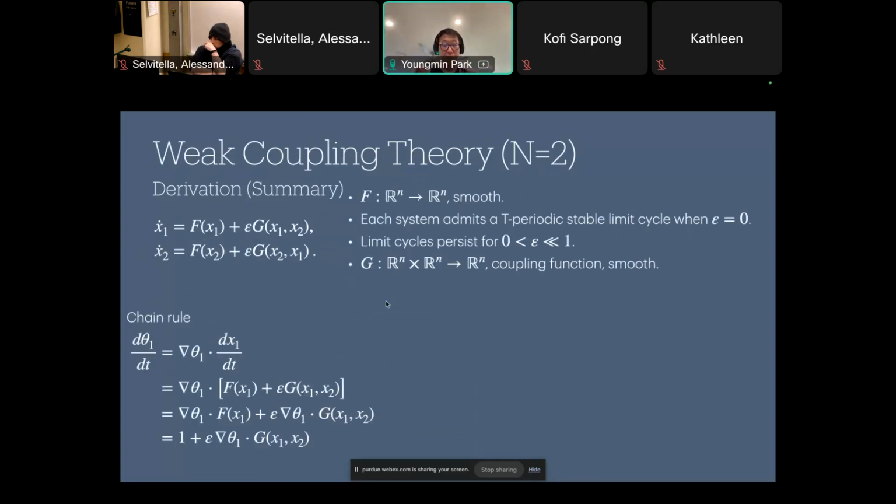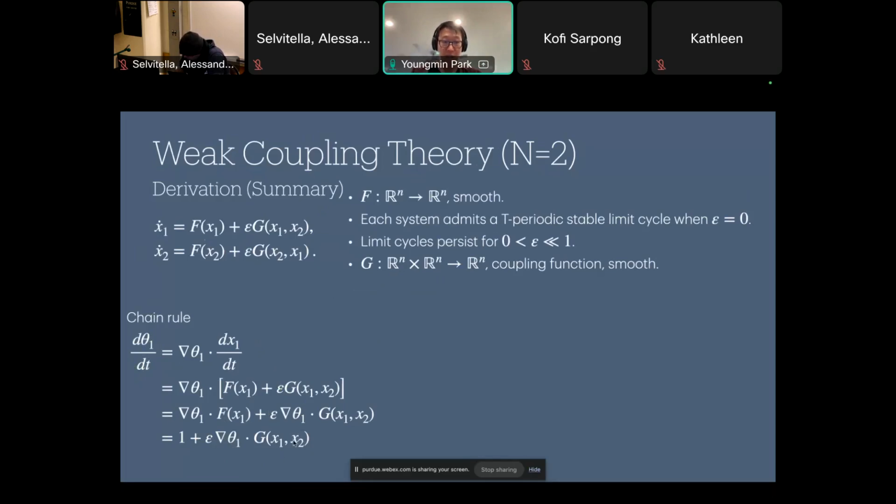And then to write down the phase difference dynamics, we apply the chain rule directly. I know I am skipping some details, and so I will unfortunately have to ask the audience to take it for granted that we can write down a phase variable for each oscillator, using the chain rule, as 1 plus epsilon times this term.